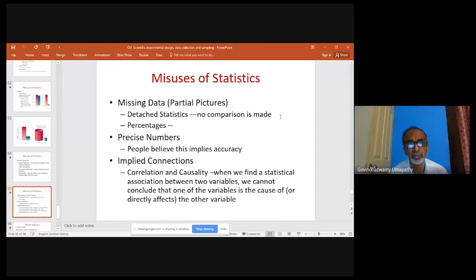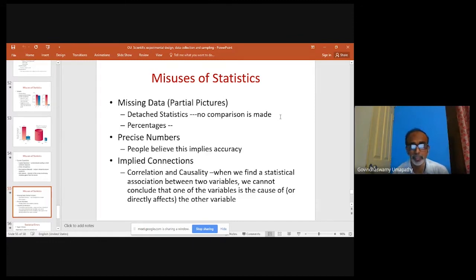So you should be very careful when you handle data. You should also mention missing data. Sometimes you are not collecting particular data, so you need to mention that data for a particular month is not available for collection. Should be very careful about that.